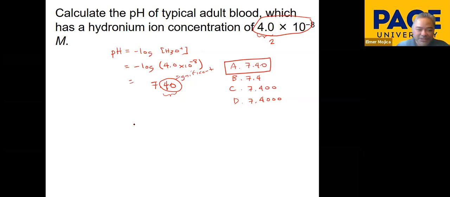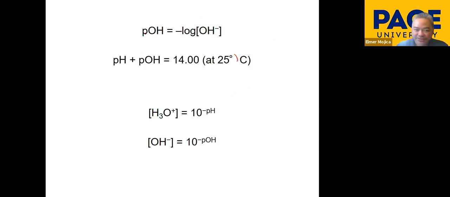Now, if you're given a pH like this, and you are asked for the concentration, this only has 2 significant figures. So your concentration should be written also in 2 significant figures. Now, aside from the pH, we can also have pOH. And the pOH is just the negative log of your hydroxide. And what we know, pH plus pOH will give you 14.